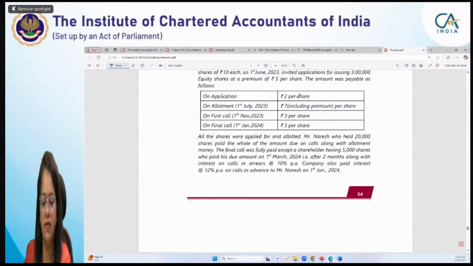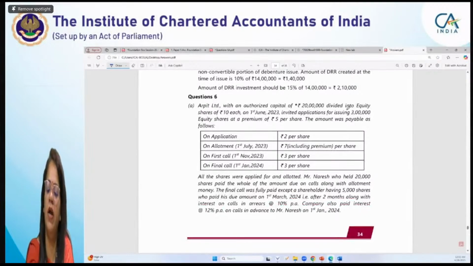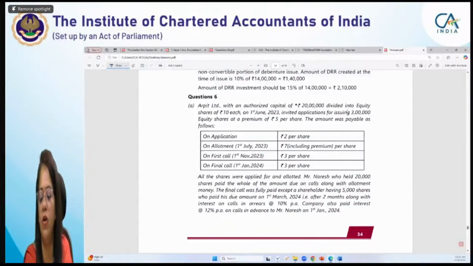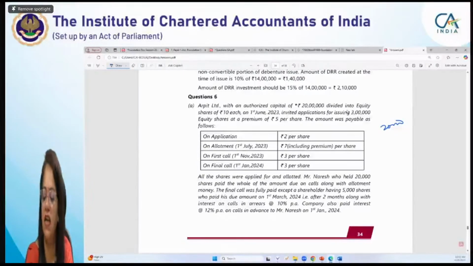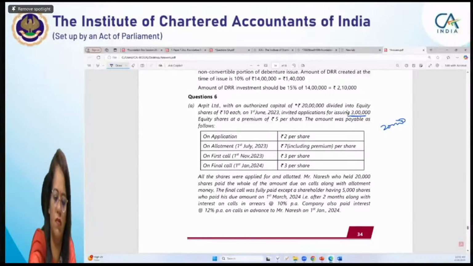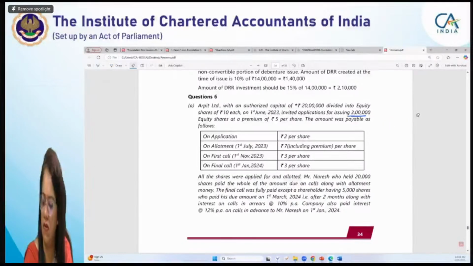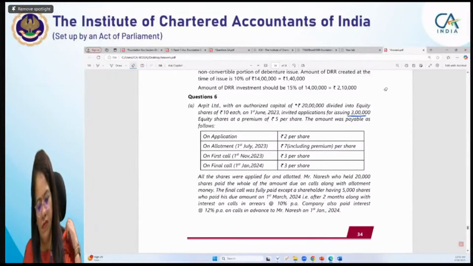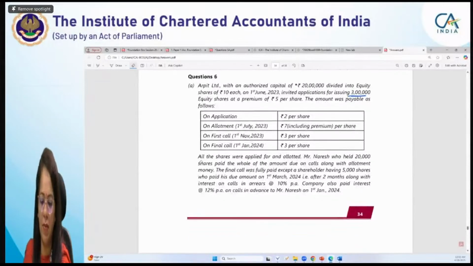All right. Here we have 20 lakh equity shares divided into 10 each. So it will be 2 lakh equity shares. Invited applications for 3 lakhs. The amount payable was as follows.